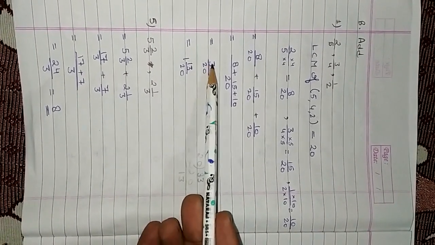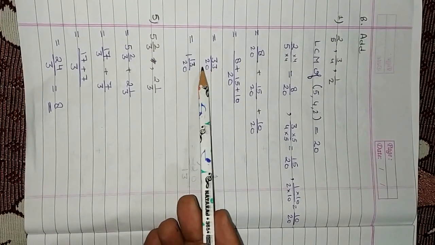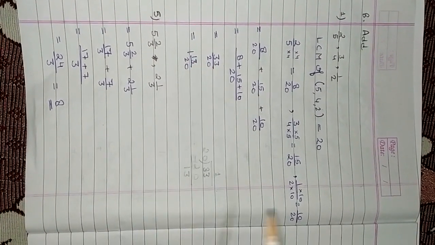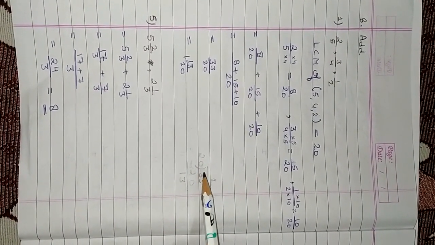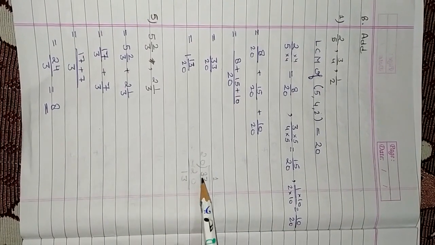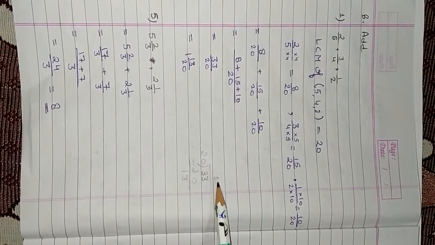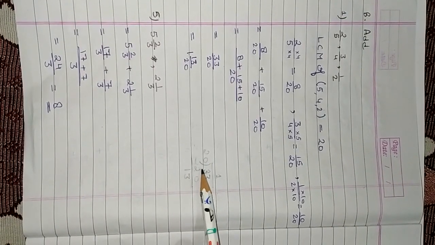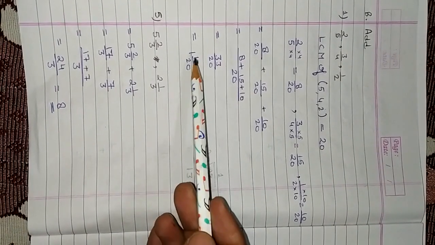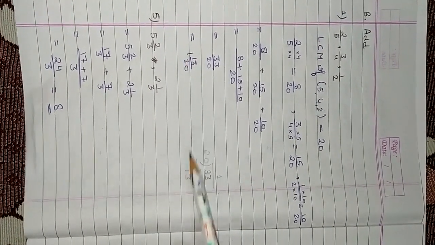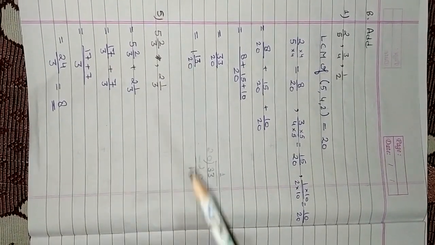Here the numerator is greater than the denominator, so we will convert this improper fraction to a mixed fraction. Divide 33 by 20. 20 ones are 20. 33 minus 20, 13. We write the quotient as the whole number, the remainder in the numerator and the divisor in the denominator.